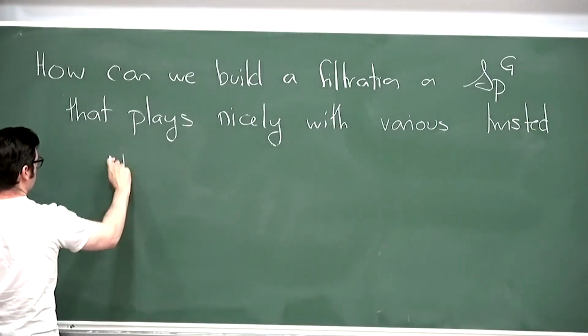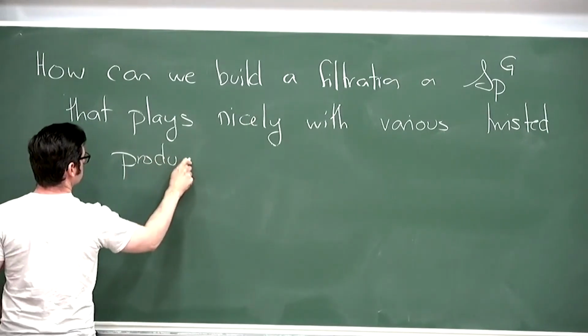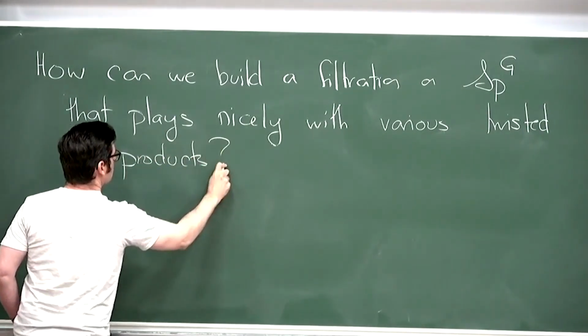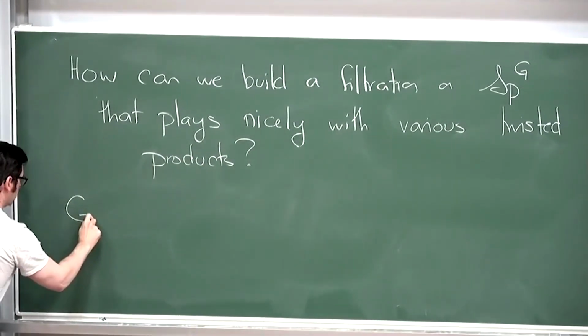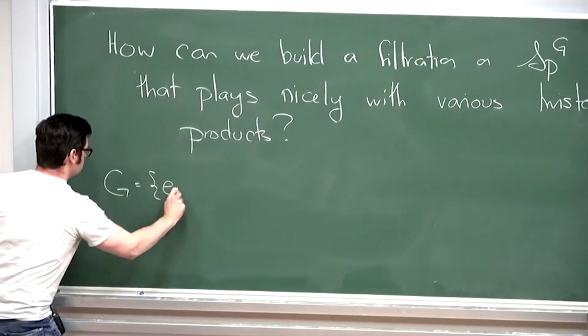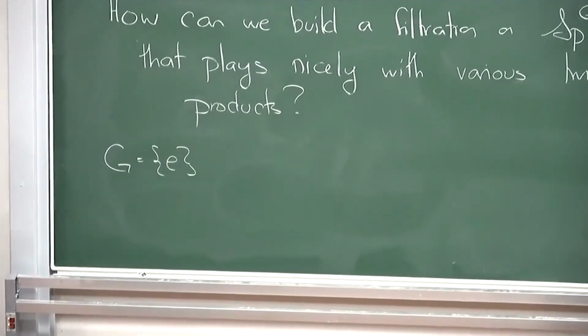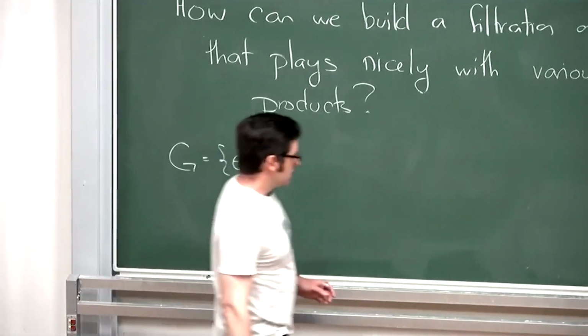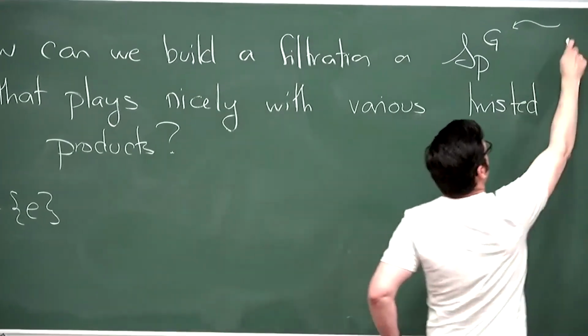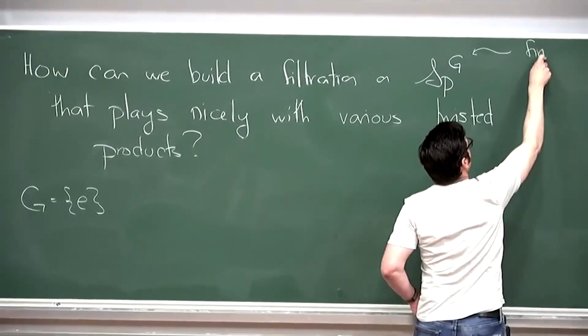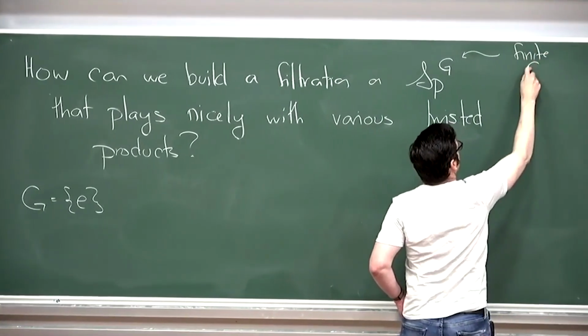And so let me start with the warm-up. And the warm-up is G is the trivial group. Oh, and here, so I can forestall the question, G is a finite group.